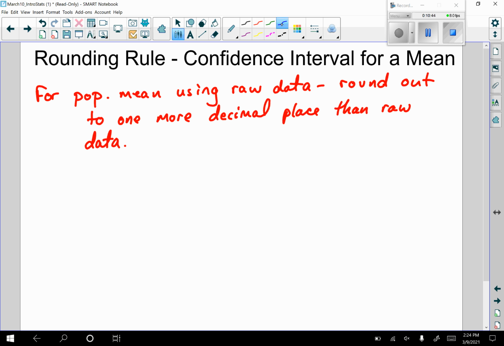Now, if the sample mean is already given to us, we round to the same number of places as the sample mean, because the rounding was already done for us.